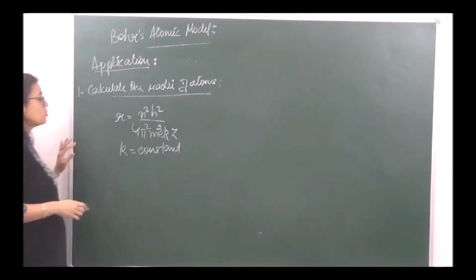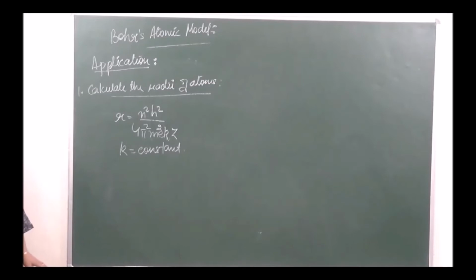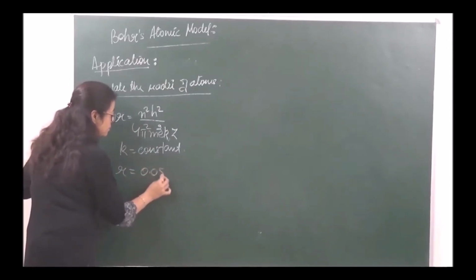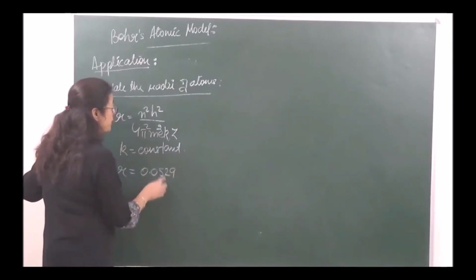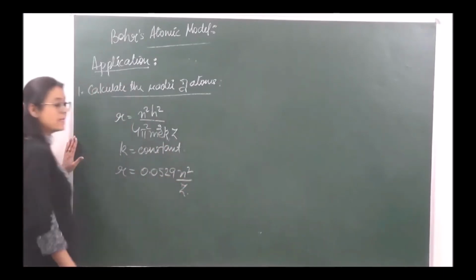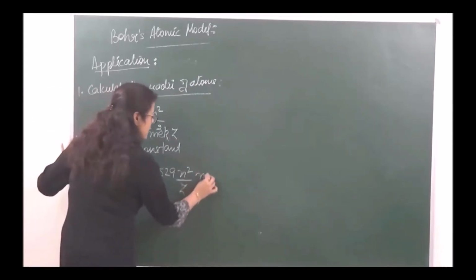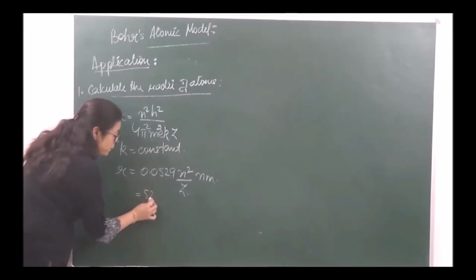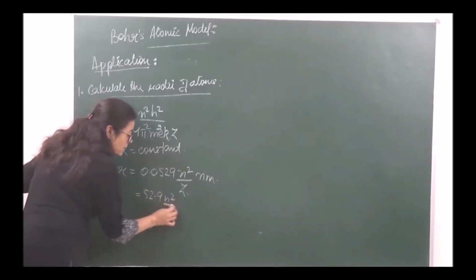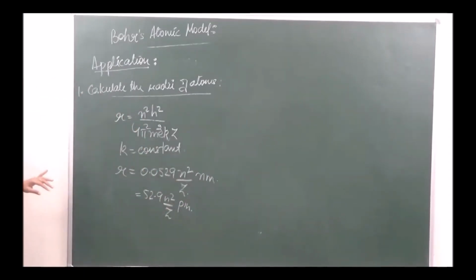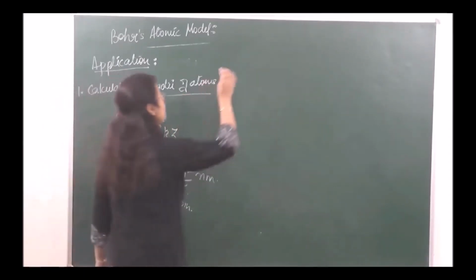By putting the values of all of these, it was seen that the value of R was coming to (0.0529) n square upon Z nanometers, or 52.9 n square upon Z picometers.